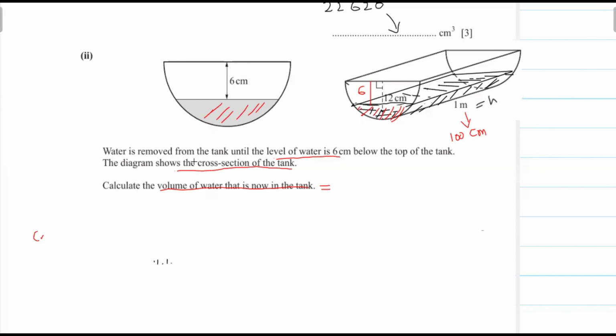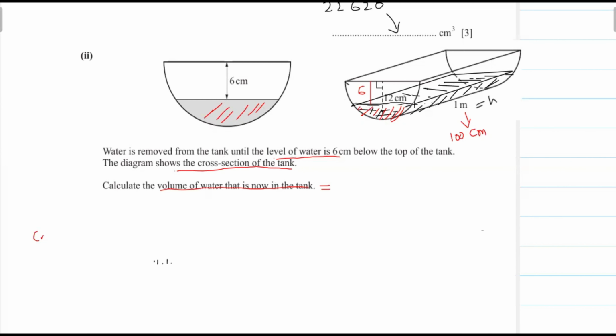Part two. Water is removed from the tank until the water level is 6 centimeters below the top of the tank. The diagram shows the cross-section of the tank. Calculate the volume of water. Look here, this is the water level, and this water level has dropped. The shape of the filled water in the tank is a regular shape.